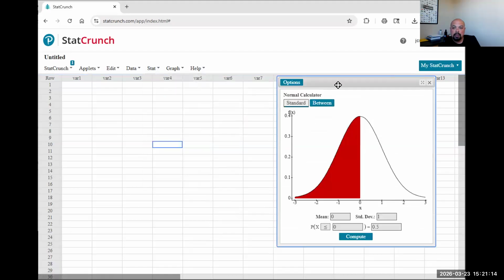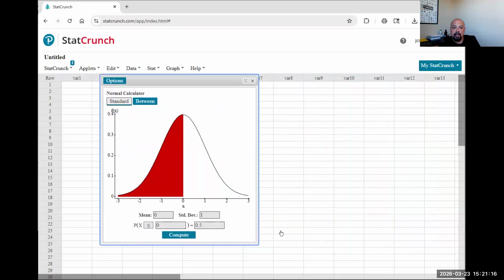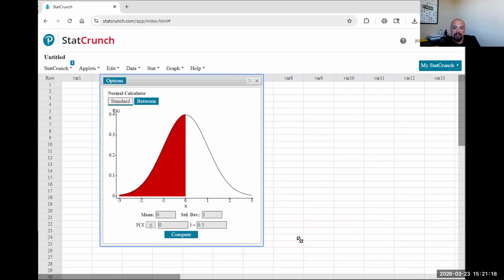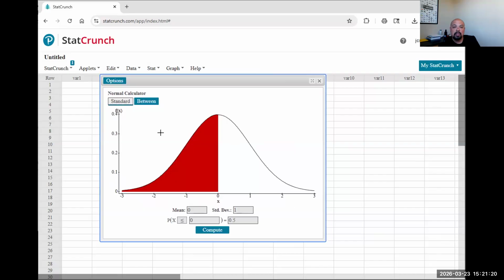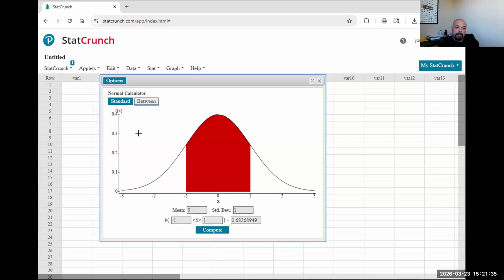Clicking on that, we see our normal distribution calculator, with that bell-shaped curve. We have the standard setup, less than, or we can switch this to greater than. If we are between two values, what's the probability that we're going to be between? We'll see that in the next example. We can click up here to switch.